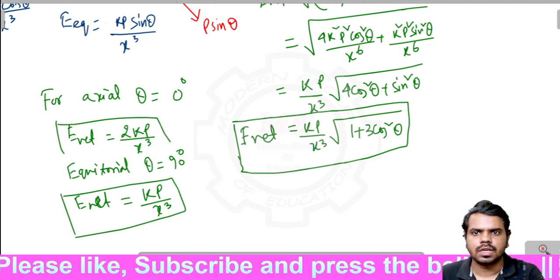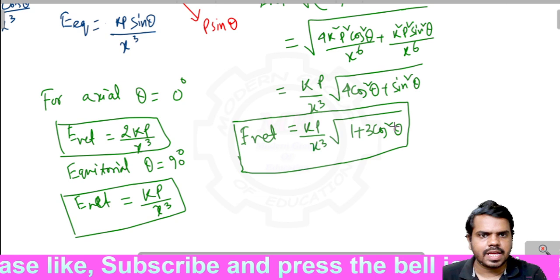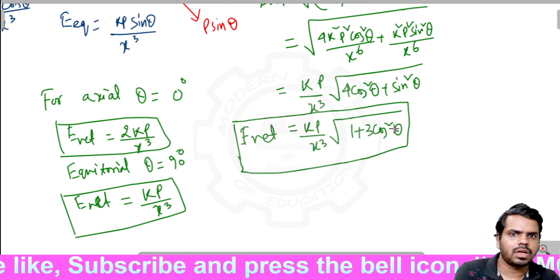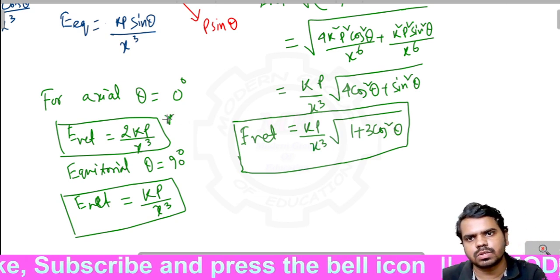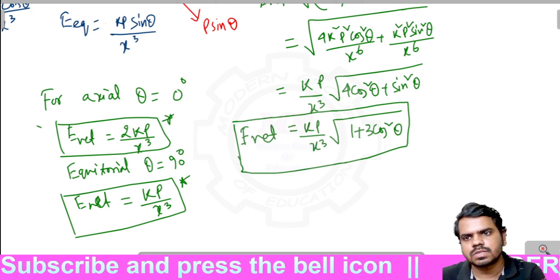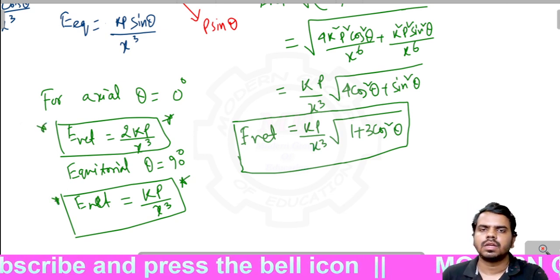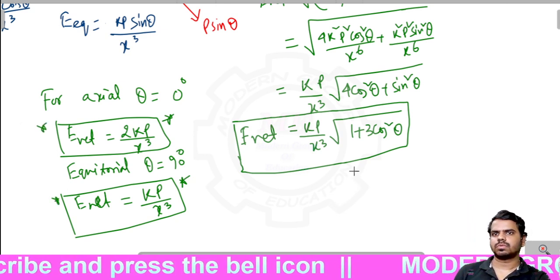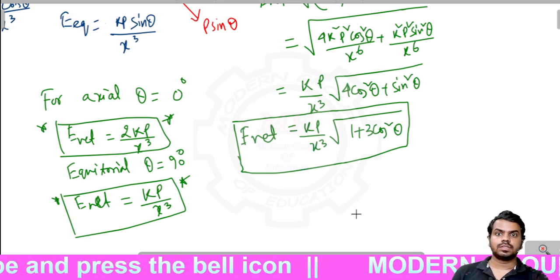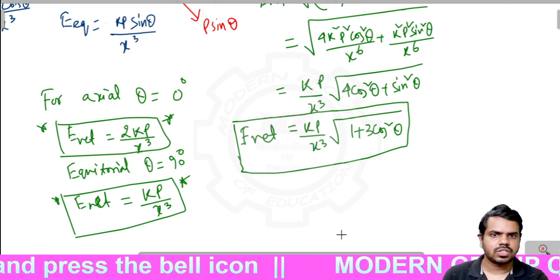So this is the actual general formula, but you have to remember both the formulas separately, because these formulas are very important and will be very handy for you. So this is the dipole and the direction of dipole.